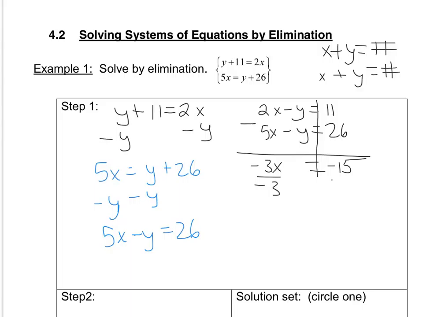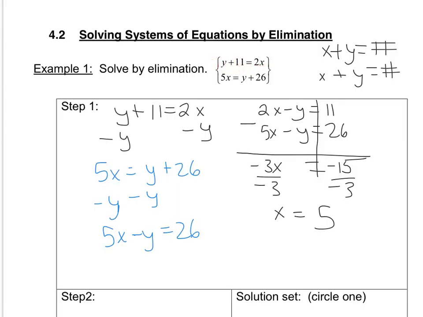Divide by negative 3. You get x equals 5. Now, what I do is I go back to the originals, pick one of them, plug it in. And I'm just going to do the y plus 11 equals 2x.